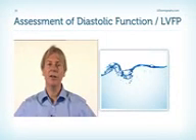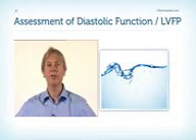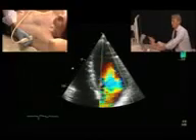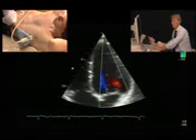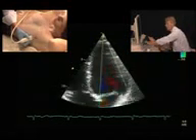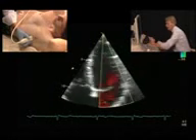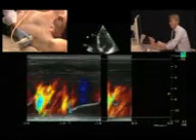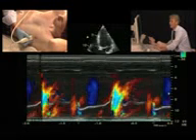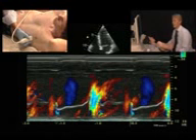The next modality I'll talk about is flow propagation, which is a combination of M mode and color Doppler. For flow propagation, all you need is a 4-chamber view, and you would then place the color Doppler signal across the mitral valve, reduce the pulse repetition frequency a bit, and then put the M mode across the mitral valve and thereby get a spectrum which looks something like this.